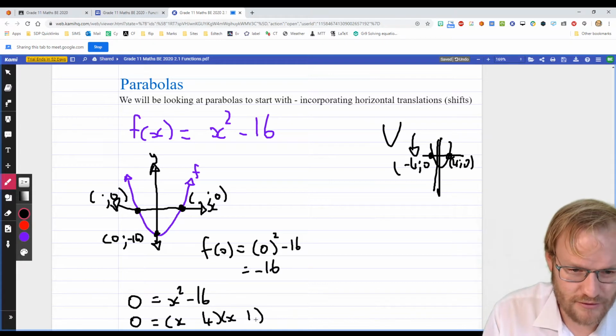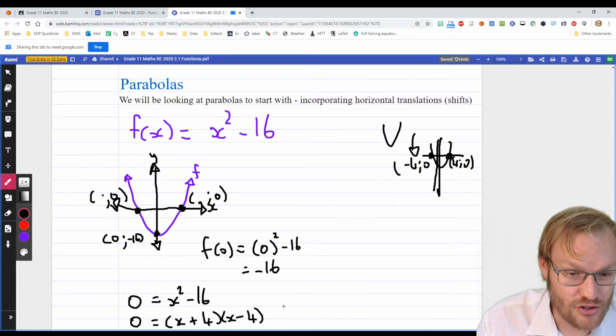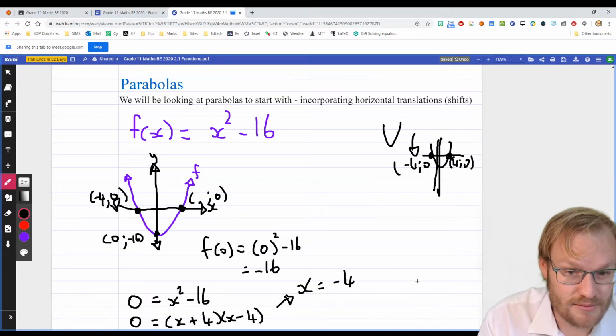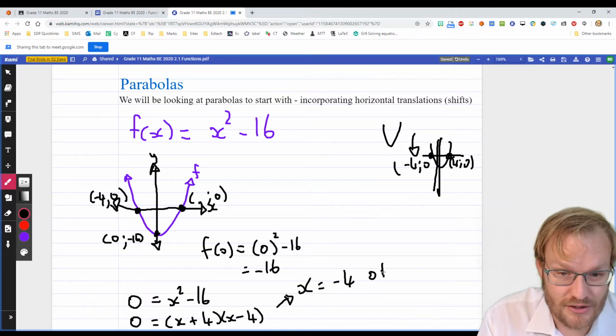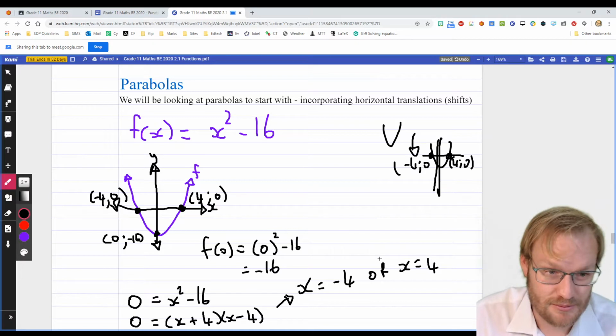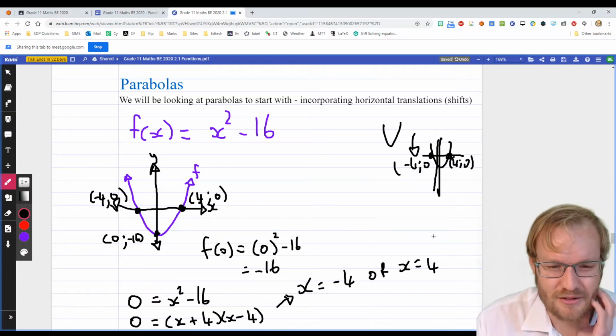Well, it must be 4, one positive and one negative, and therefore we've got our two intercepts. x equals -4, that relates to this intercept, and our other solution is x equals 4, so this relates to this intercept. Okay, so that's sketching of parabolas, something we can probably do fairly comfortably.